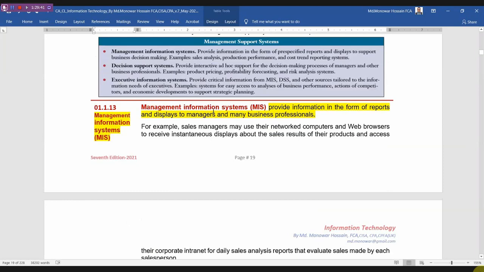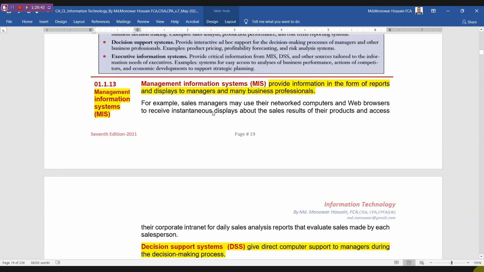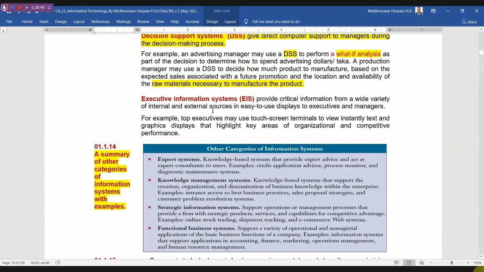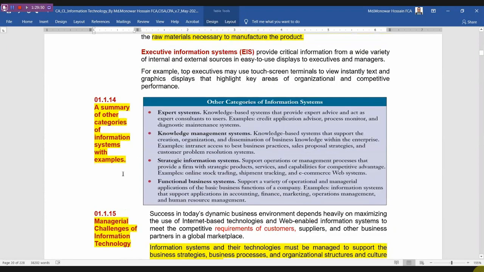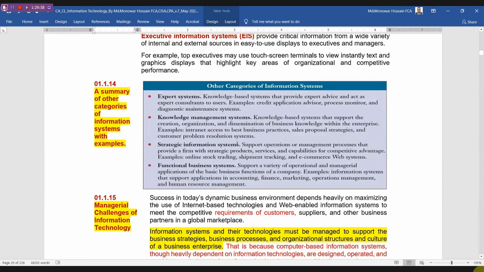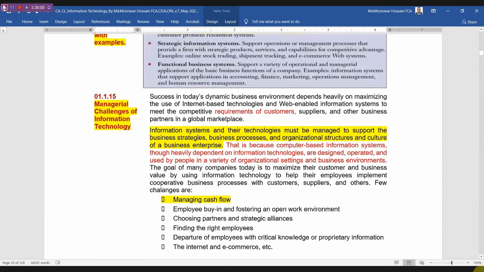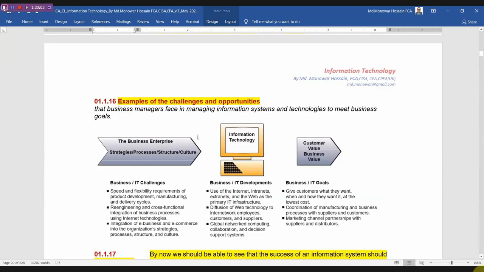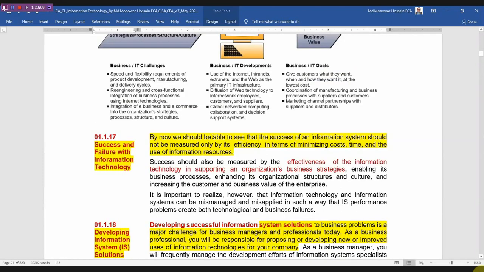Management support systems help management with decision making, and executive information systems help top management make decisions. We also saw other types of information systems: expert systems, knowledge management systems, strategic information systems, and functional business systems. We saw the managerial challenges in information systems, examples of challenges and opportunities, and success and failure with information technology.